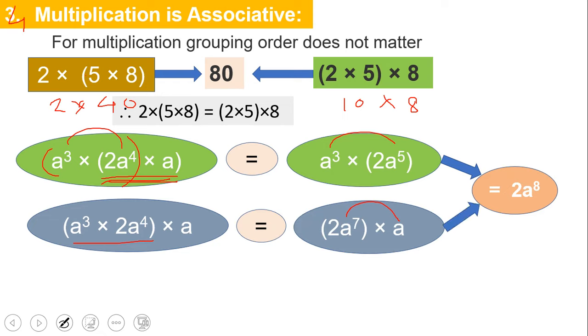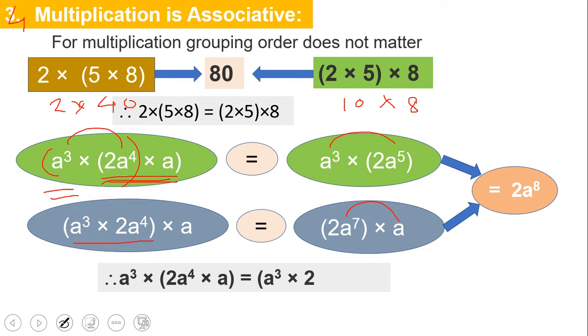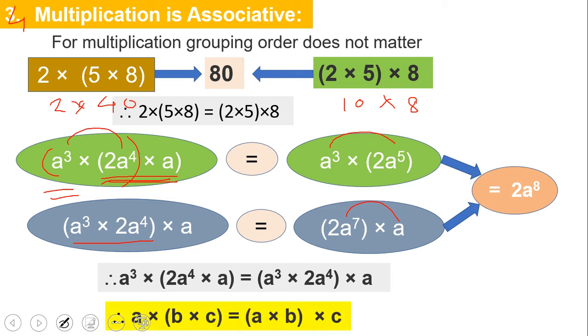So the answer is same, and therefore this is equal. Okay, and so we can write therefore a cube into (2a to the power 4 into a) equals (a cube into 2a to the power 4) into a. And hence finally we can conclude this result by a formula: a into (b into c) is equal to (a into b) into c. Is that clear? So this is the fourth rule.